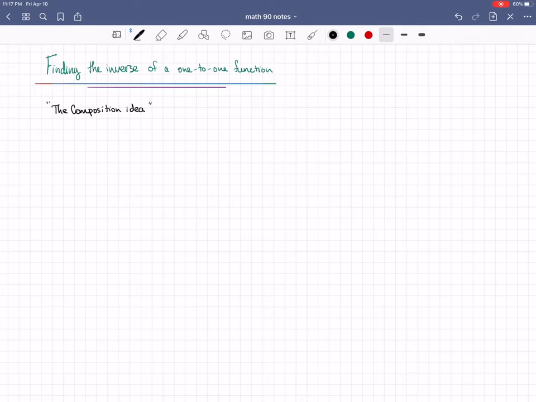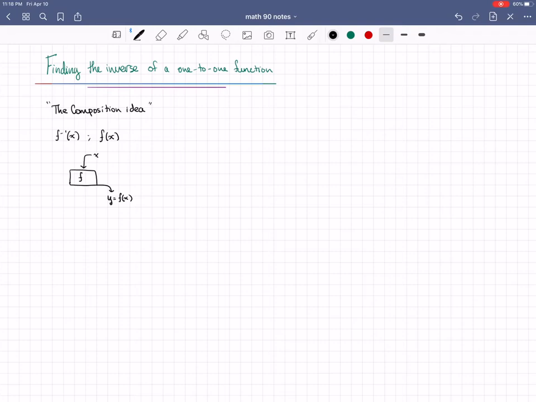So let's say that we have two functions, f inverse of x and f of x. And let's say that we have an input. So here comes x. And f acts upon it, and it outputs y or f of x interchangeably.